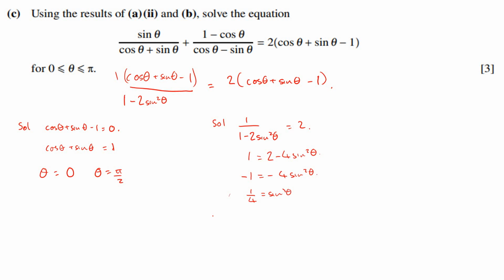And then from here we have sine of theta equals half, or sine of theta equals -1/2. If sine of theta equals -1/2, or sine of theta equals half, you're going to end up with sine of theta equals half. Let's use our calculators.